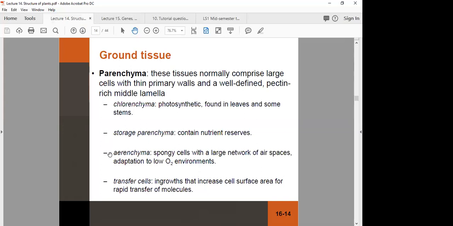We've looked at aerenchyma, spongy cells with large network of air spaces adapted to low oxygen environments. Transfer cells, which have all those ingrowths that increase the cell surface area for rapid transfer. And here's another type, a very important type, chlorenchyma cells. These are the photosynthetic cells of the plant, found in leaves and also in stems.